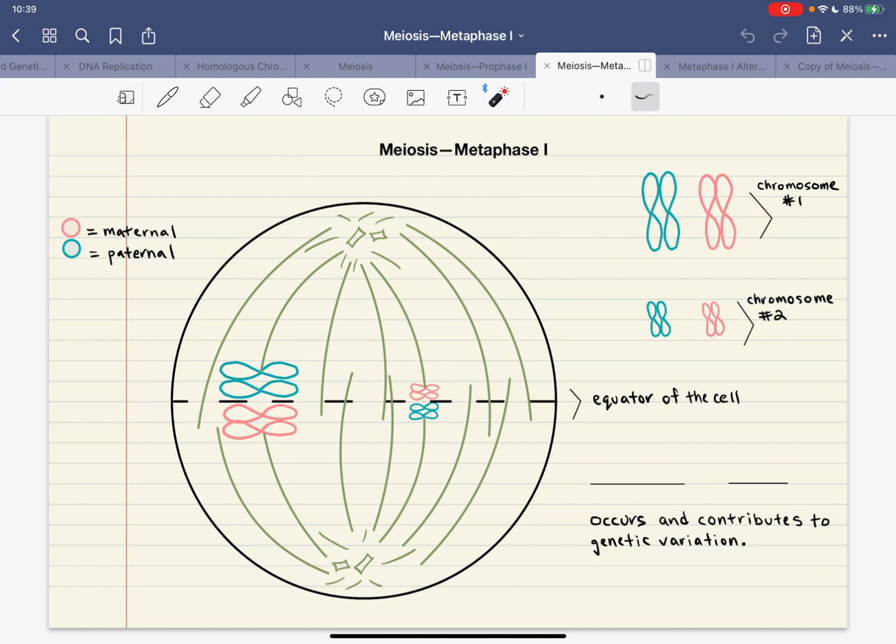So back to our scenario 1. We have a name for this event of homologous chromosomes being lined up at the equator. Lined up randomly. And the name for this random alignment of homologous chromosomes is called independent assortment.